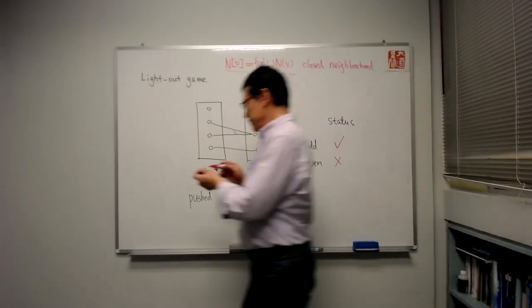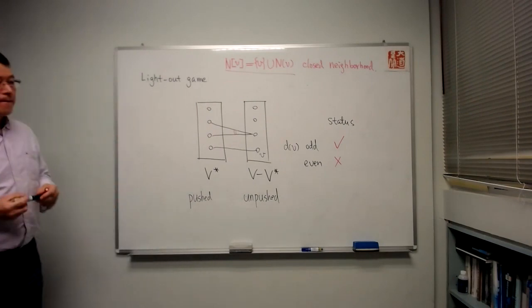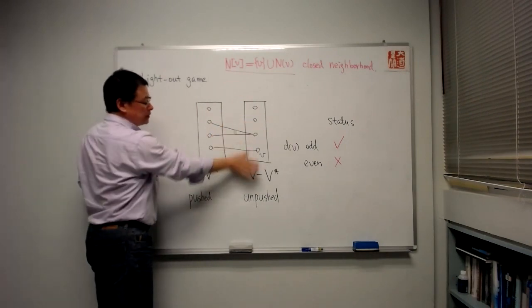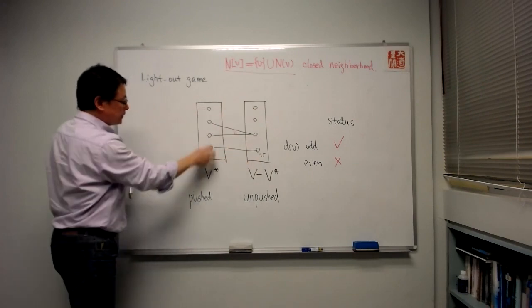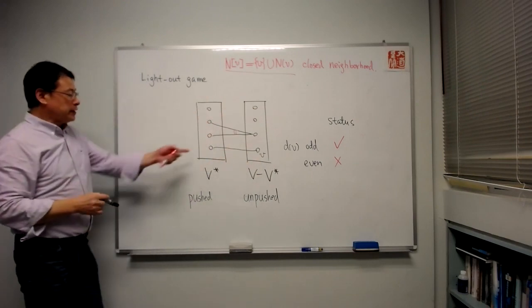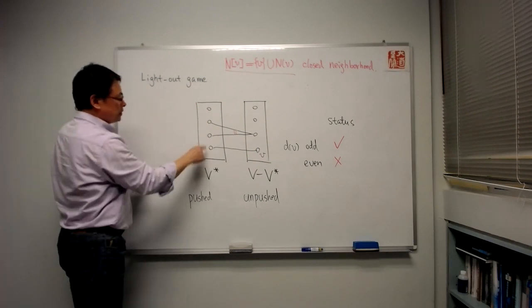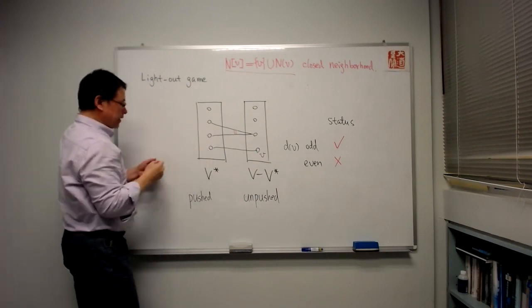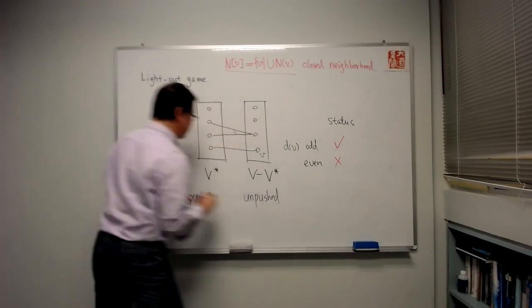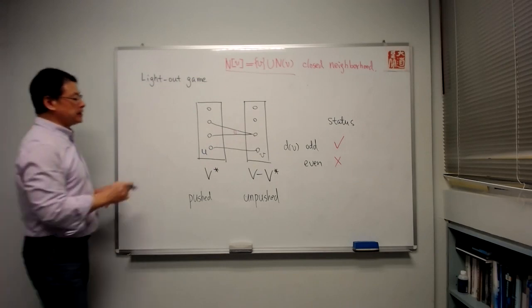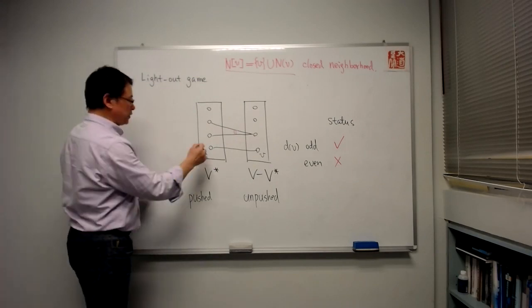Now look at this side. For vertices on this side, they have nothing to do with these vertices at all, because only these vertices are pushed. So whether the status changes or not depends on the number of vertices that are neighbors of a vertex here. Say, consider this vertex in U. Whether it changes depends on the number of vertices in its closed neighborhood.